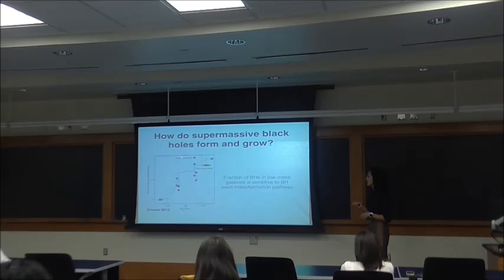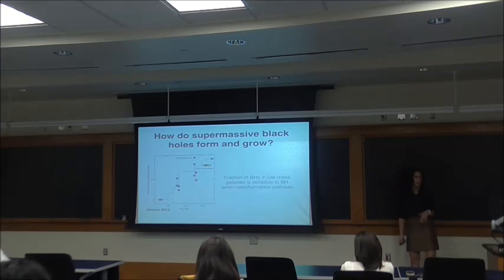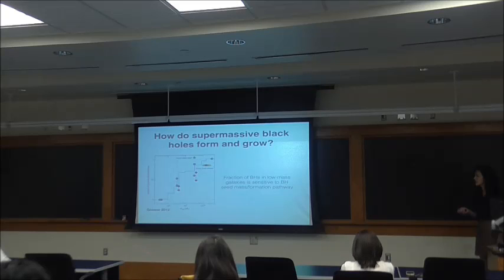So if they tend to form via the deaths of population 3 stars, then most galaxies at around 10^9 solar masses will have a central black hole, whereas if they form via direct collapse, maybe 60% or some number that is not every galaxy in that mass range. So by trying to figure out the fraction of low mass galaxies that contain black holes, we may be able to say something about how the seeds form.